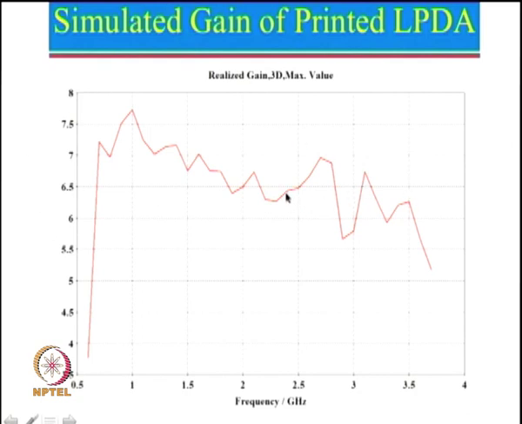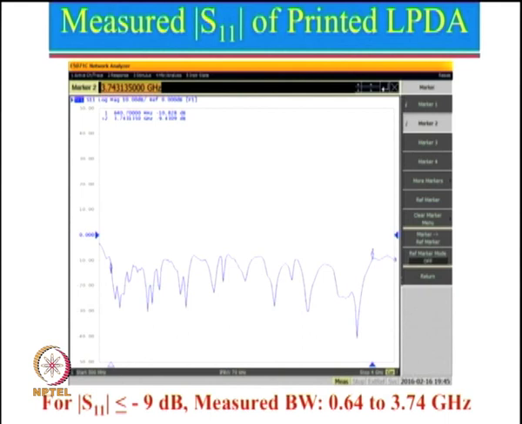We did fabricate this particular antenna also, and we want to now show you the measured results. These are the measured S11 of the printed LPDA. You can see this is the response here. This is the reference line, which is 0 dB.